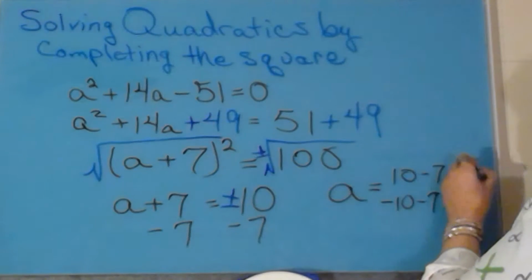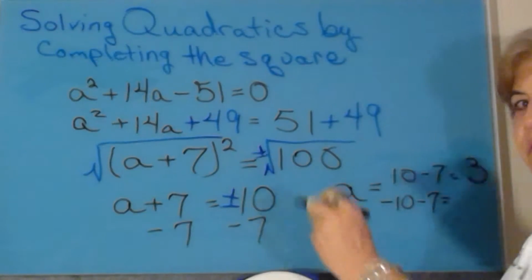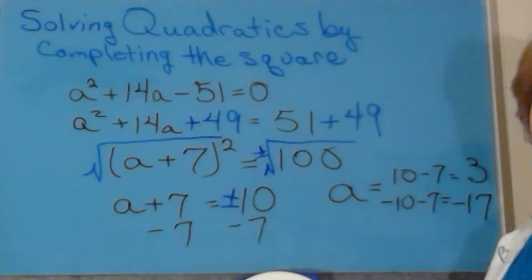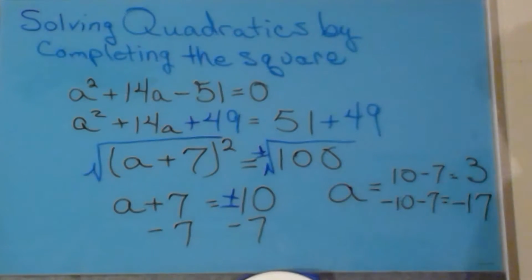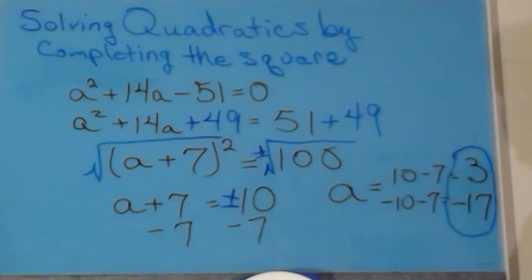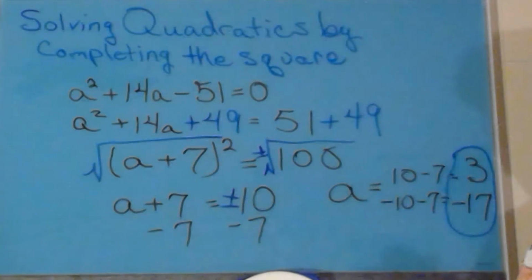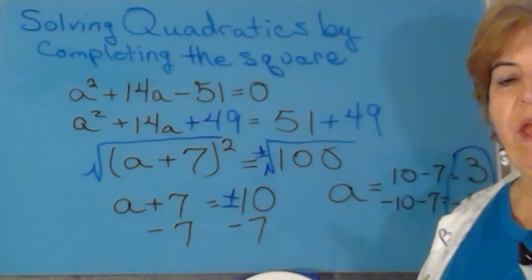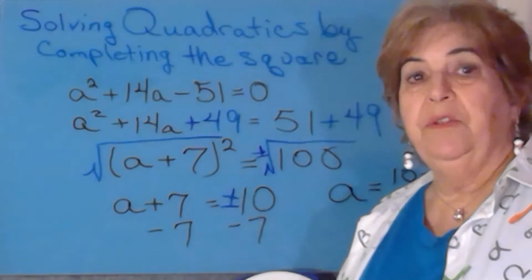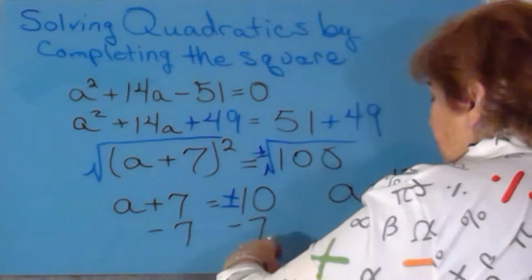Well, 10 minus 7 is 3, and negative 10 minus 7 is negative 17. So I had to squeeze it in here, but those are my two solutions. And that's why we learn to complete the square so that we can solve a quadratic. Let's look at a couple more examples.